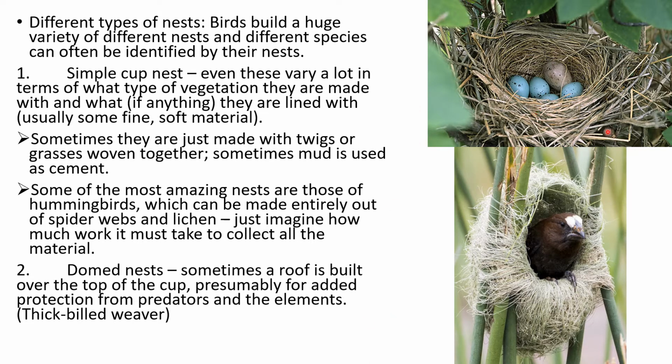As the simple cup nests are exposed from above, these dome nests are completely concealed. Only a small hole for the entrance of the bird is left, completely covering the surface of the cup. So this is a nest built by the thick-billed weaver.